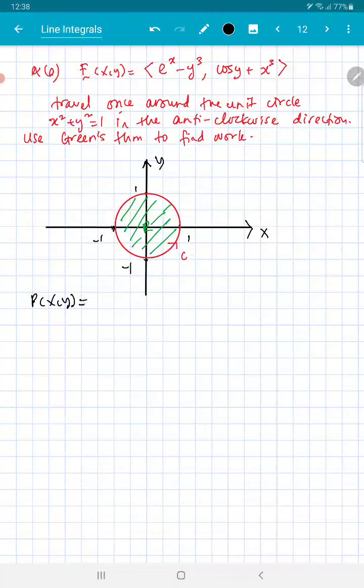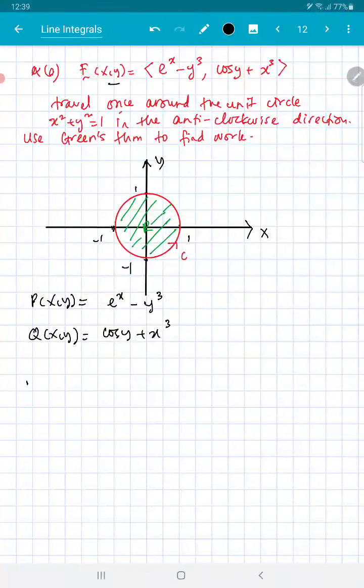So P of x, y is the x component of vector field F, which is e to the x minus y cubed. And Q is the y component of vector field F, which is cos y plus x cubed. And we are asked to find work.